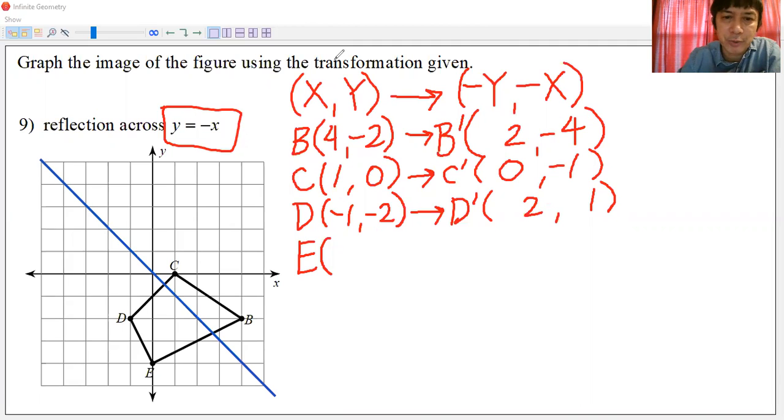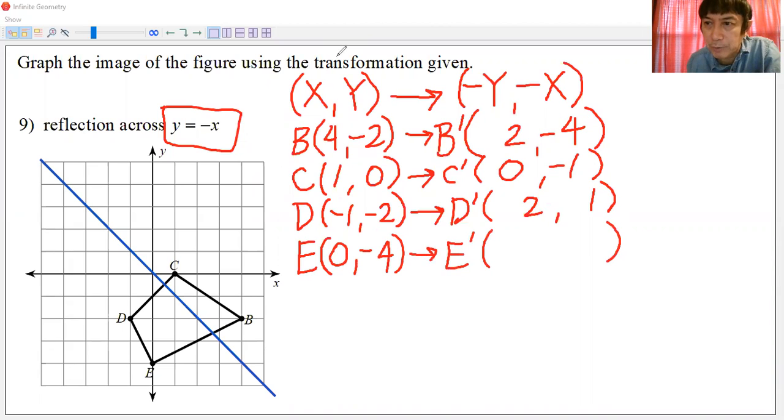Let's now continue with point E. Point E is located at 0, -4. We're after E prime. Remember, our rule is to interchange first, then reverse the signs.